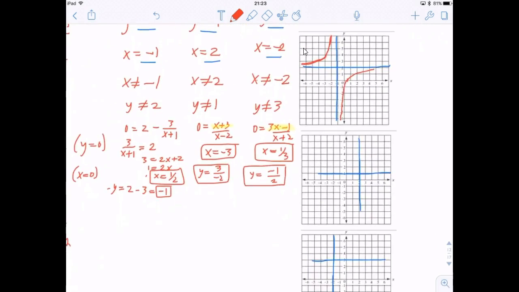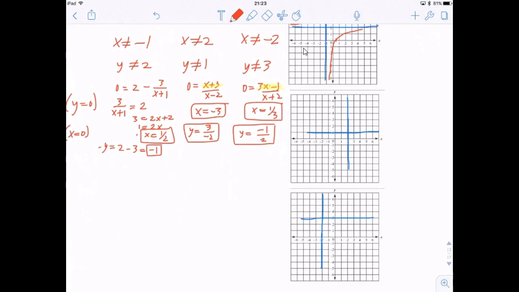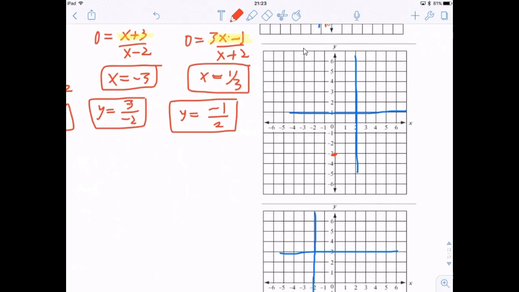So the next one, we know that the x-intercept is -3, so that would be here, and the y-intercept is -1/2, which is here. Okay, and then the opposite side is going to be reflected kind of like that.